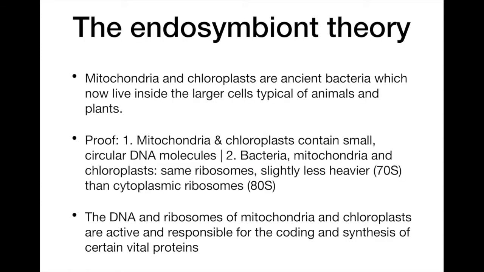Now let's see what the endosymbiont theory is. You see, in the 1960s, it was discovered that mitochondria and chloroplasts contain ribosomes, which are slightly smaller than those in the cytoplasm and are the same size as those found in bacteria. The size of ribosomes is measured in S units, which are a measure of how fast they sediment in a centrifuge.